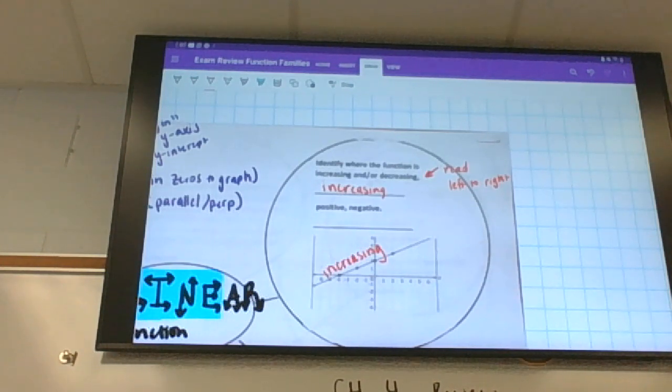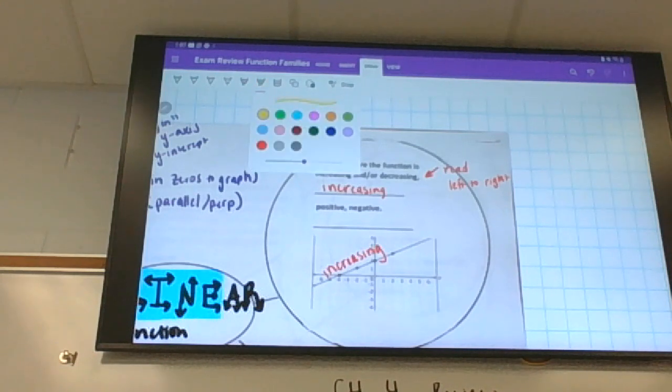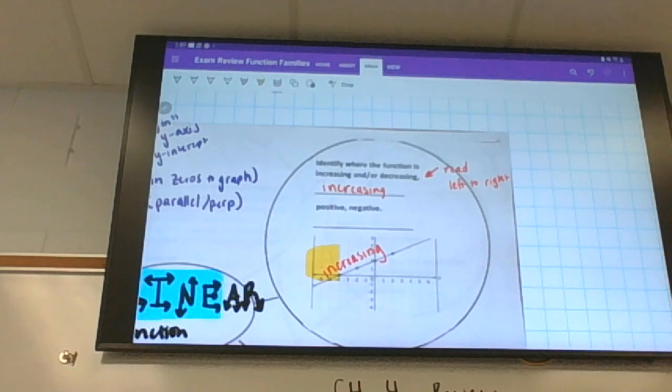And now think about when is it positive and when is it negative. Positive means above the x-axis. Maybe I'll just write that.